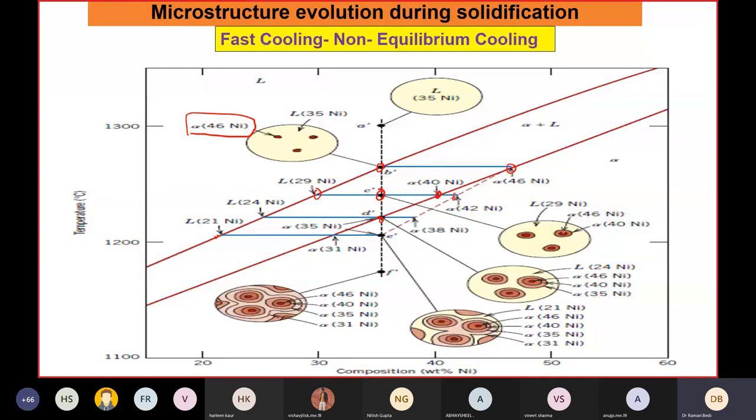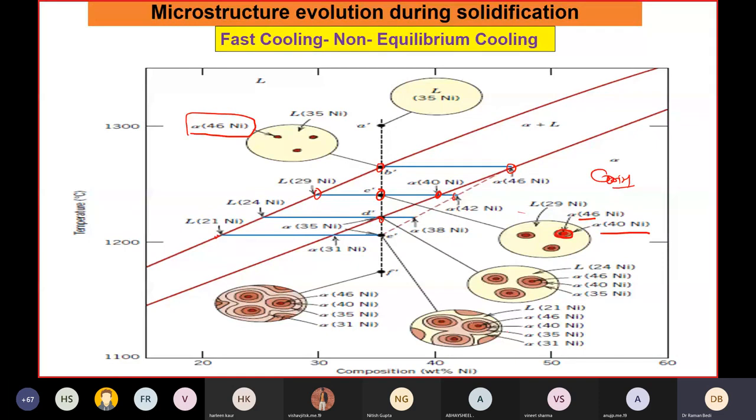Now what is happening here is a coring phenomenon, which means the inside, the red one, has a different composition and the outer crystal has a different composition, because I am cooling it fast and I am not allowing the time for diffusion, so that there can be the same composition in the solid. So this will result in what we refer to as coring.